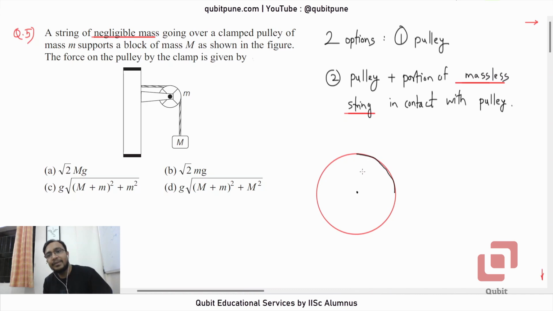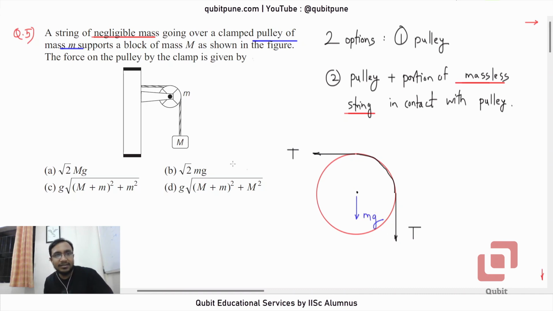If we consider this as our system, then it is in equilibrium under the influence of which forces? Tension here, tension here, and we should also not ignore the pulley's mass, small mg here.